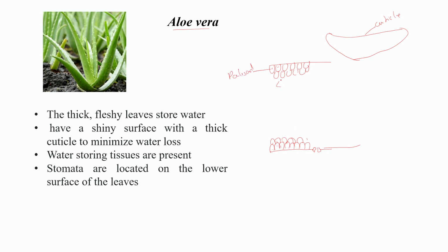Between them there will be a lot of thin walled water storing tissues, and in between you will have vascular bundles also. Okay, so water storing tissues will be present in this region. Okay, most of the space will be occupied by those tissues.